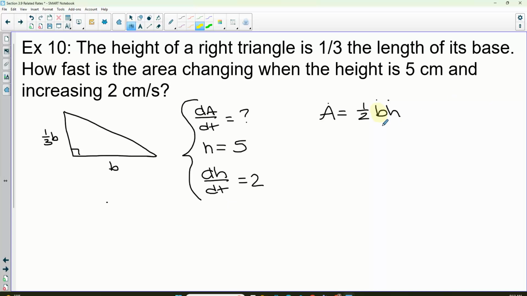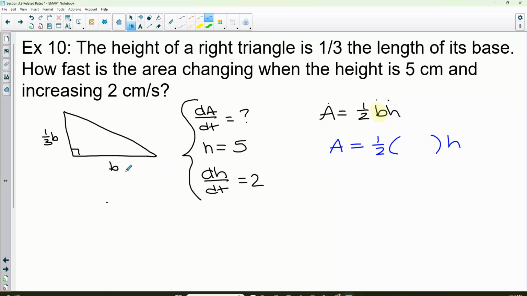Do I have db dt, or is that what I'm trying to find? I want dA dt, okay. So if I do this derivative right now, I'm going to have 3 rates, and I only want 2 of them. So what I need to do is get rid of this b before I do my derivative.